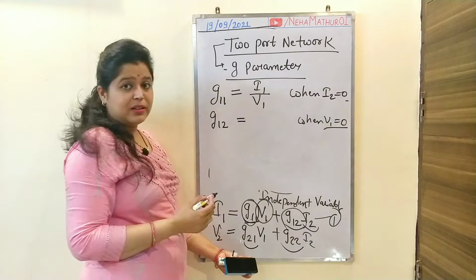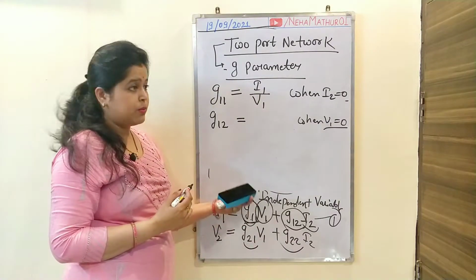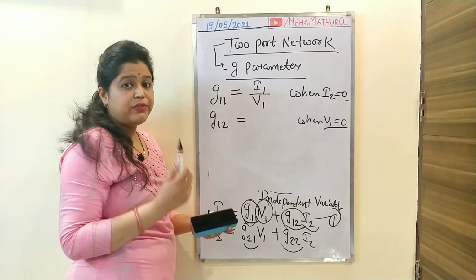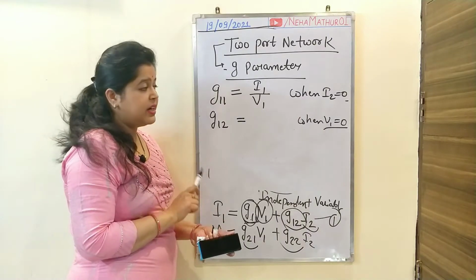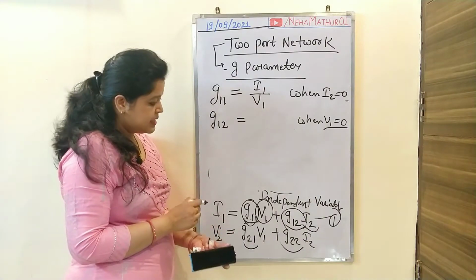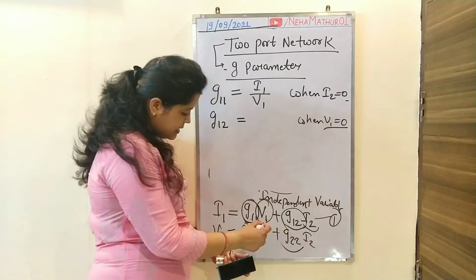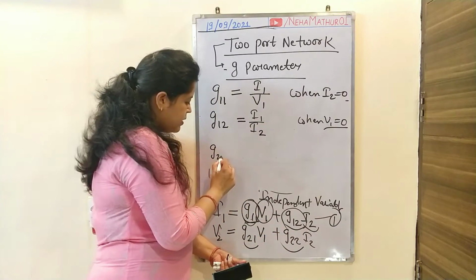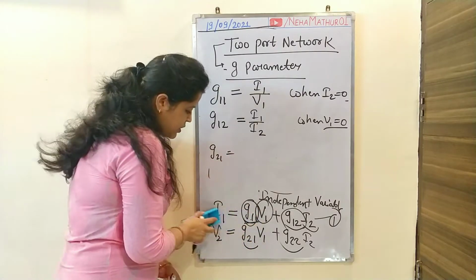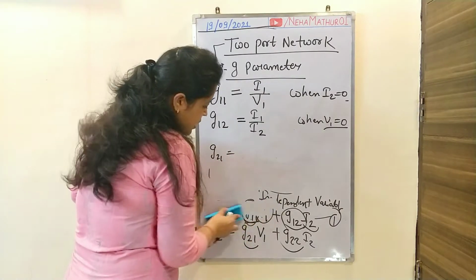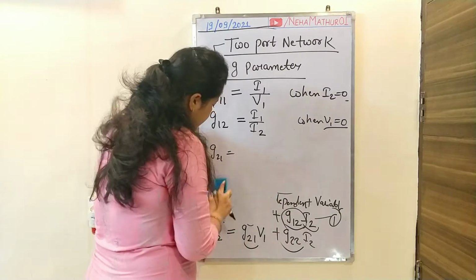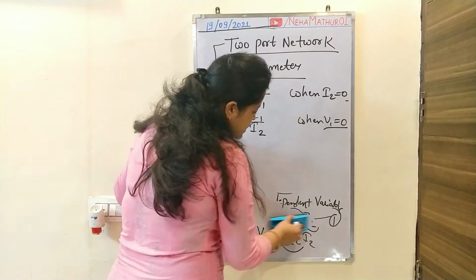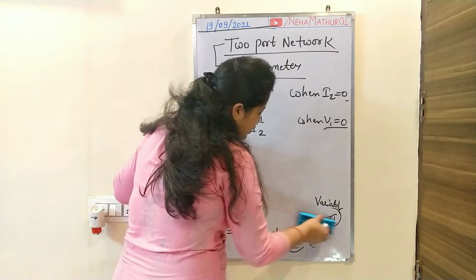If you make some observations over here, you will find that this is definitely opposite to H parameter. So G12 is equals to I1 divided by I2. Now there is no more use of this equation because this equation is helpful to write the two parameters only, and these parameters are G11 and G12.